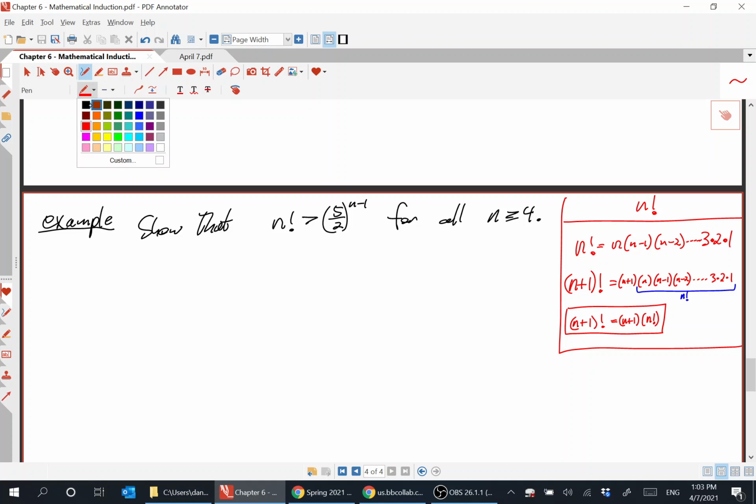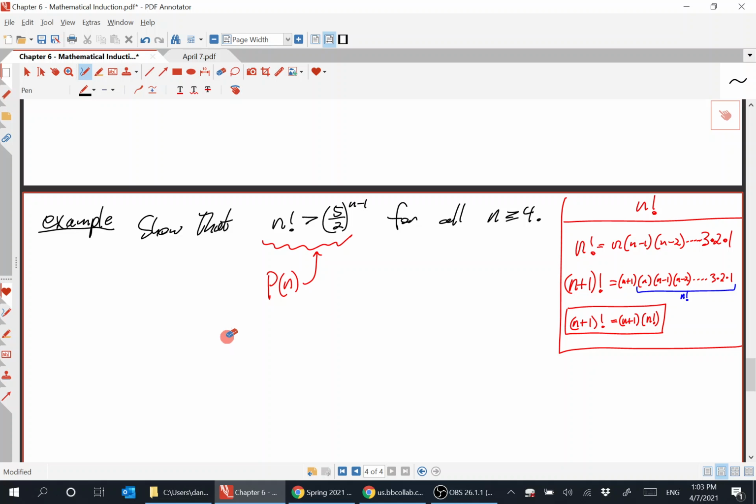Now here Pn is this guy here. And notice that we're proving Pn for all n bigger than or equal to 4. That's because P1, 2, and 3, those are all false.